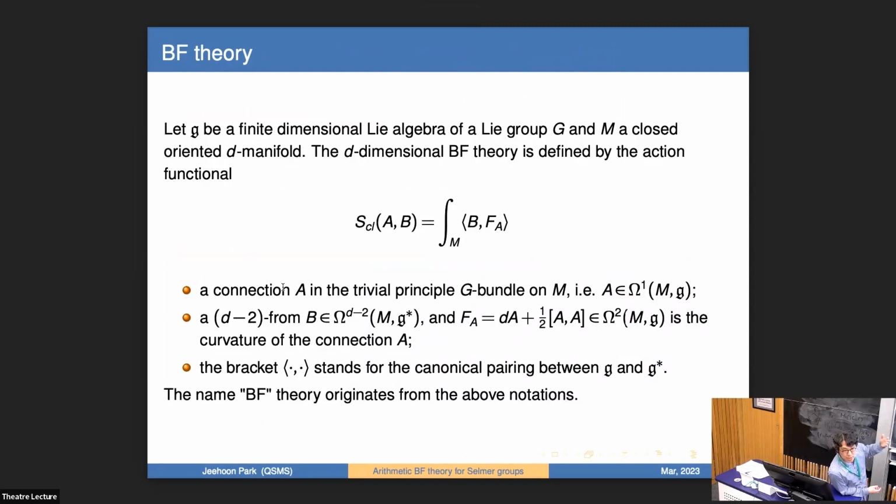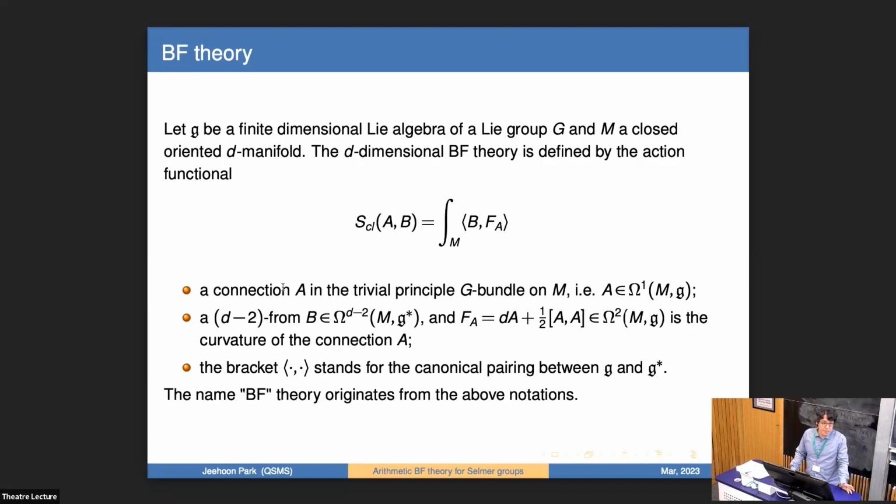They usually use F to denote the curvature, so it's F_A. And then there's a natural pairing, right? So you get an Ω^d form, and then you can integrate over the whole of M. Then you get a scalar. That's the action functional. And because of the notation B F_A, they call it BF theory.